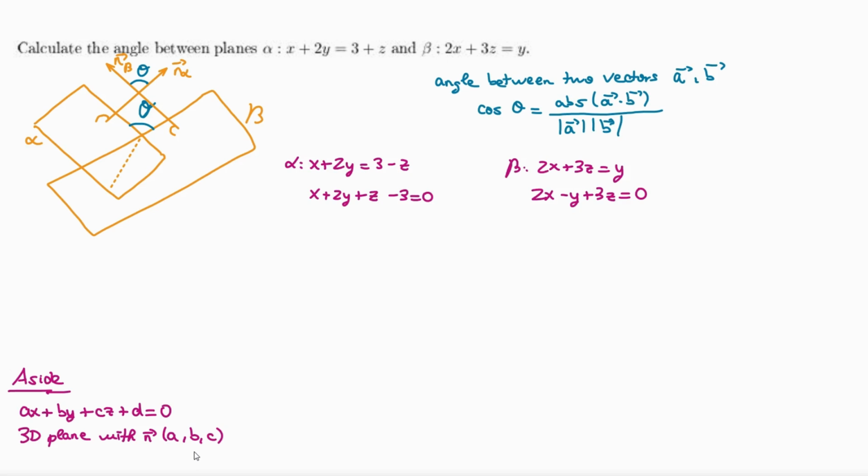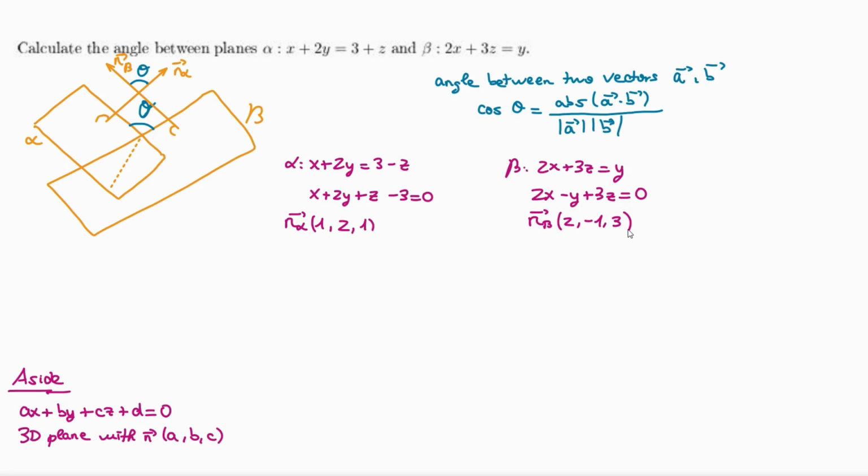That means that the normal vector to alpha using the components would be 1, 2, 1. Similarly, the normal vector to beta would be 2, -1, 3.